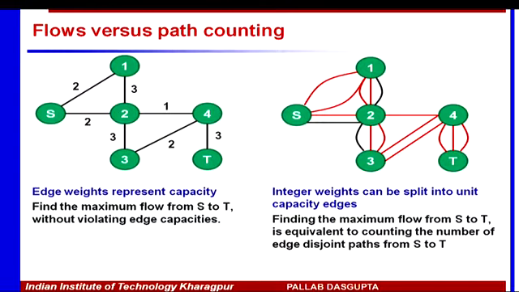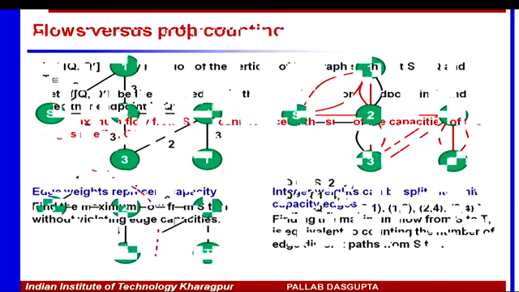So, you are just changing the unit of the capacity, and then you get an integer problem. In flow problems, you have algorithms which are dedicated for integer flows, and we have algorithms which are applicable to flows in networks where the edge cost can be any arbitrary real number.